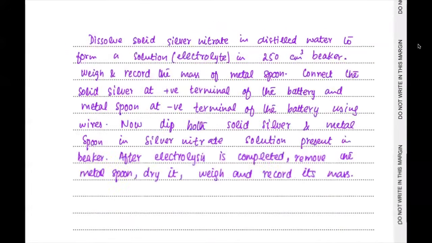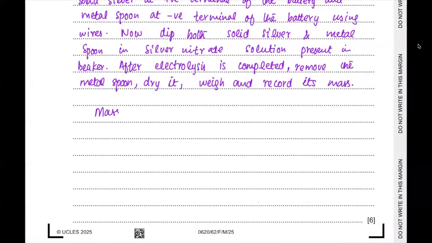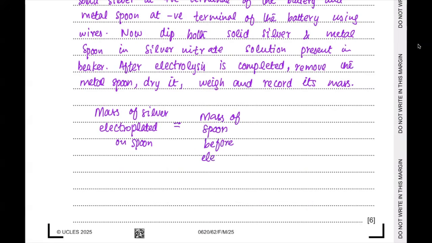Now, you are going to just write the expression at the end. Mass of silver electroplated on the spoon is identified by mass of spoon after electrolysis minus mass of spoon before electrolysis, because after the electrolysis it has a greater mass.